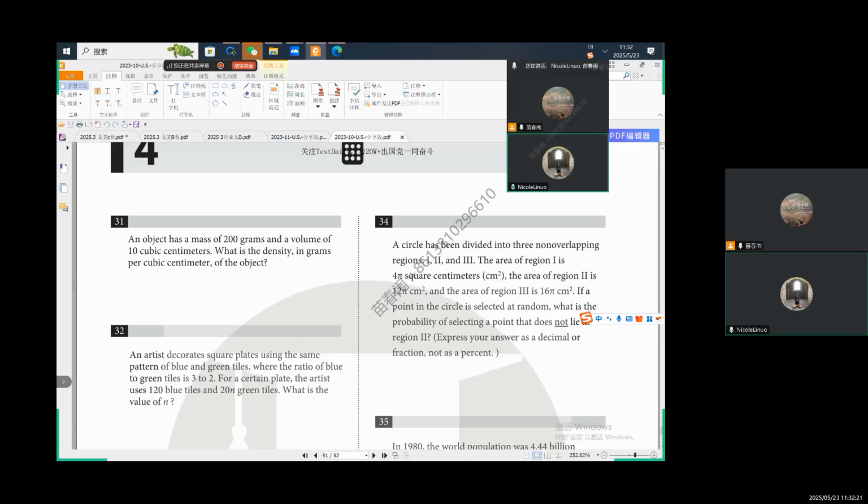So when it says the circle is divided into 3 non-overlapping regions, is it saying that it's divided like cutting slices of pie? Well, I can add it all together, which is the whole area, right? I mean, the whole circle. Doesn't the whole circle add up to 2 pi?